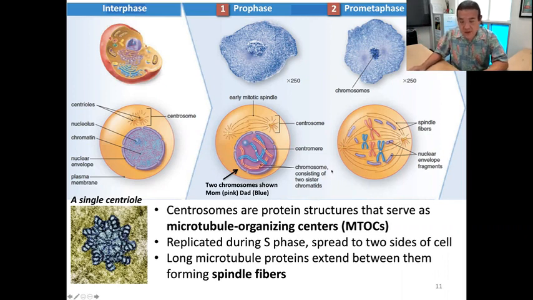And that has to do with these special structures known as the centrosomes. So the centrosomes are made up of these little cylindrical structures known as centrioles. And they are like the anchor point that defines the two sides of the cell. And these are the two sides that are going to become the two separate daughter cells.